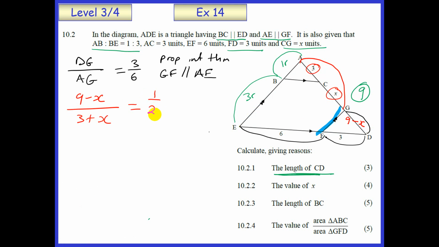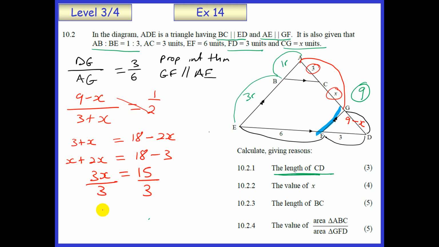And by cross multiplication, 3 plus x times 1 is 3 plus x. And then we're going to multiply the 2 by the 9 minus x, which will give me 18 minus 2x using distributive law. Bringing my x's on one side, I will get x plus 2x is equal to 18 minus 3, giving me 3x is equal to 15. And then we're going to divide both sides by 3, and we come out with x to be 5.